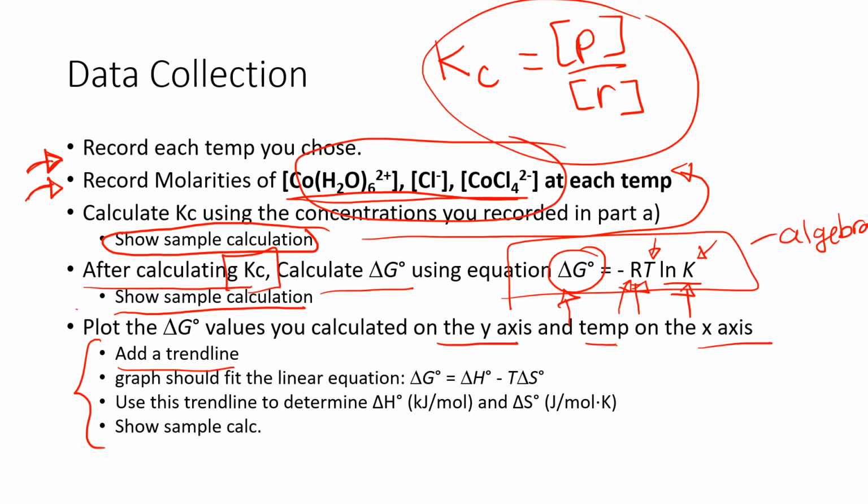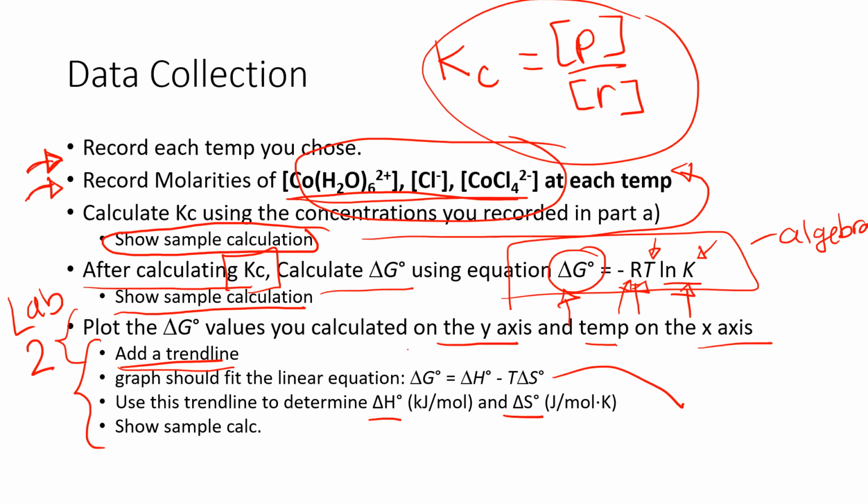So this skill right here of plotting you learned in lab 2. So if you are rusty on that, go back to lab 2 and I go through it step by step. So if you need to go back, reference that, or you can ask me also. But you would add a trend line. This trend line would show you a linear equation, and from this linear equation you can determine delta H and delta S. And this goes back to what I said, how this parallels y equals mx plus b.